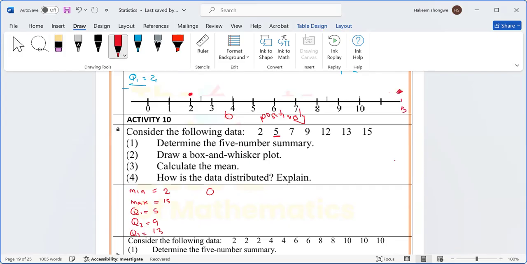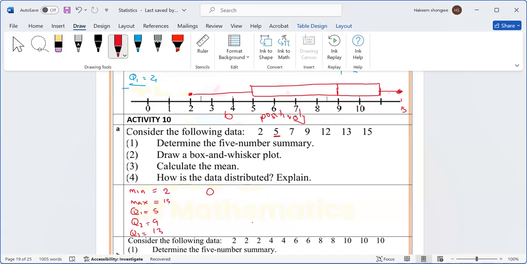Then you have your 15 here. Then Q1 is 5. Then Q2 is 9. Then you have 13, so Q3 is 13. Then the box and whisker plot looks something like this.